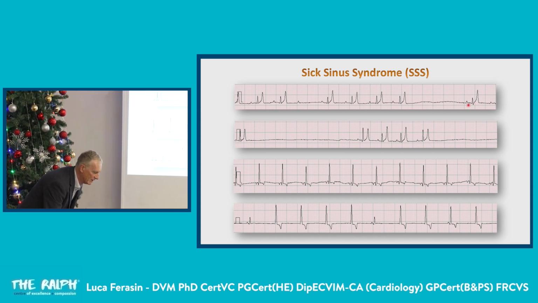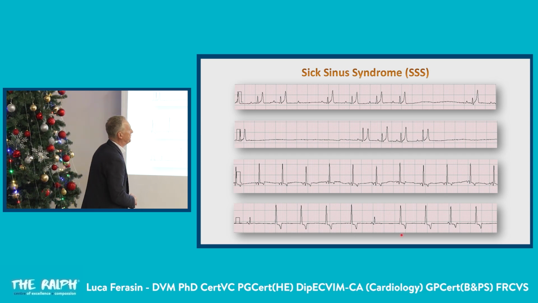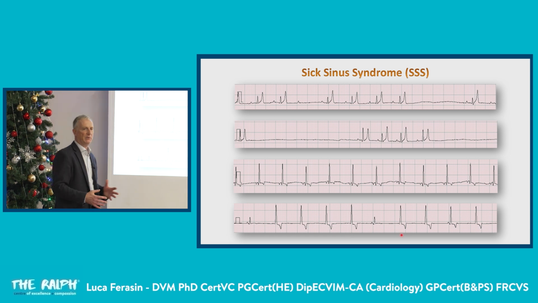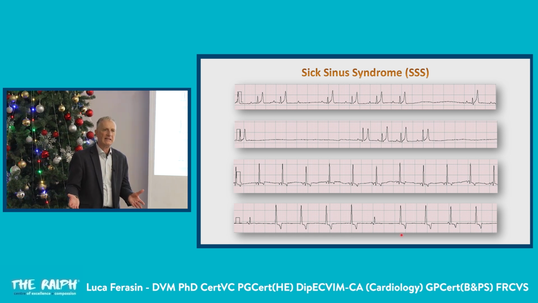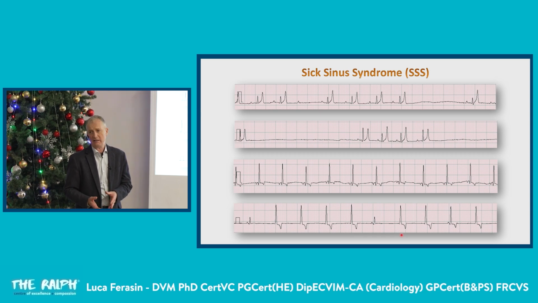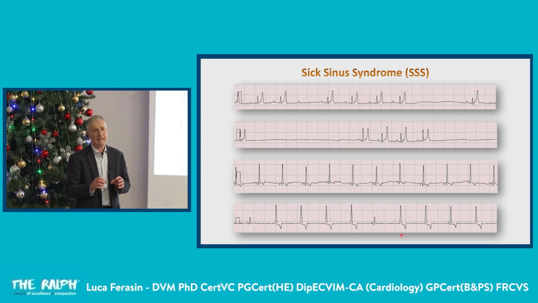That could be sinus, or could be junctional, like in this case. Sometimes it's ventricular. It usually depends on the length of this pause. And this can be functional, if there is an increased vagal tone, or could be structural, if there is a degenerative process affecting the cells at the level of the sinus node.